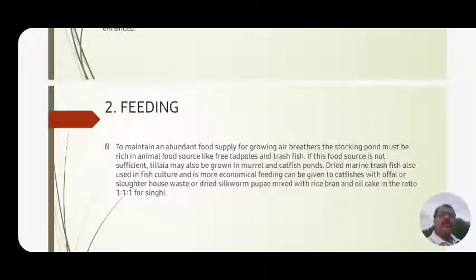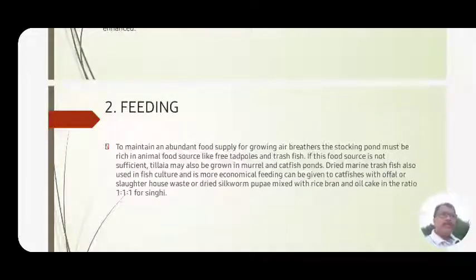then tilapia may also be grown in a marl or catfish pond. In that condition, tilapia is used because we know that tilapia is a prolific breeder.